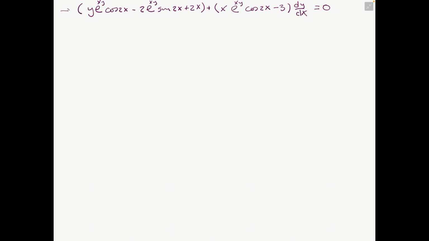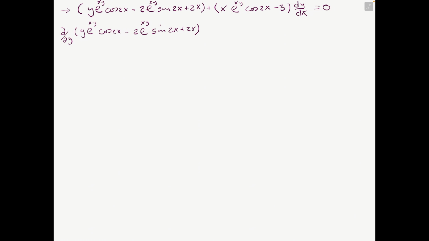I'm just saving space. It's really not a big deal. E to the xy cosine 2x minus 3 dy dx. Now I just want to say what I did here. This term was multiplied by dx, and so I just divided through by dx to come up with this form.